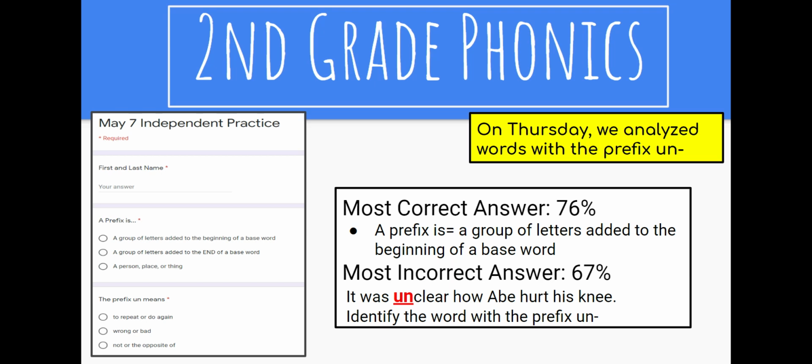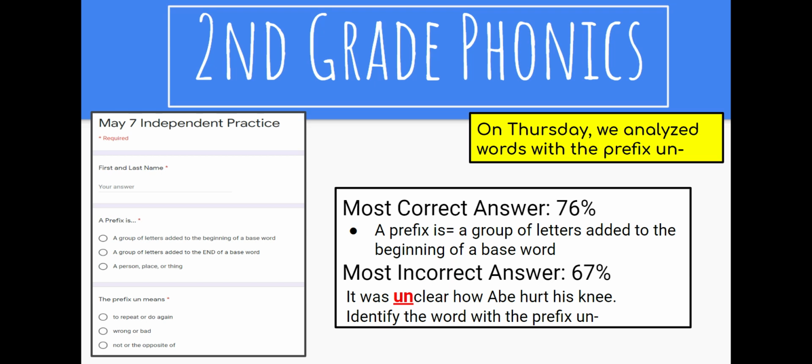The most incorrect answer, but still 67% of Kipsters got it correct, was being able to look at a sentence and identify the word that had a prefix un in it.